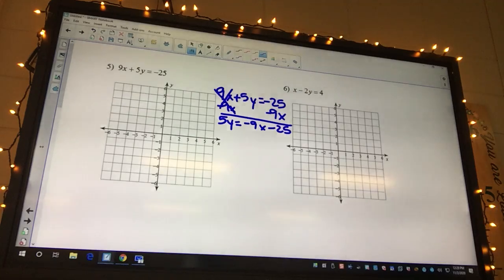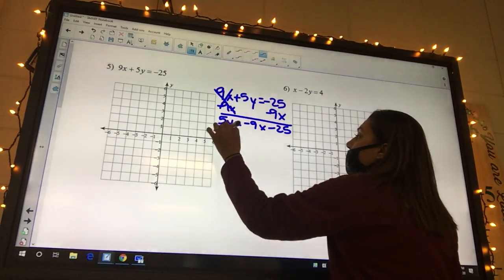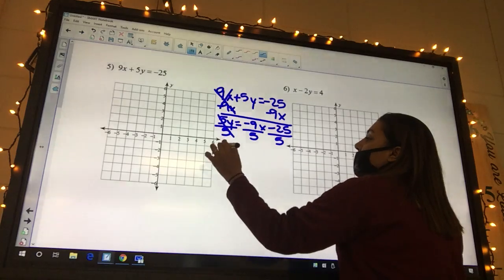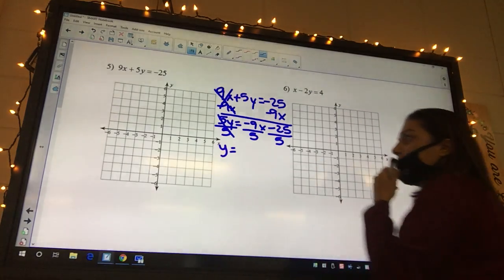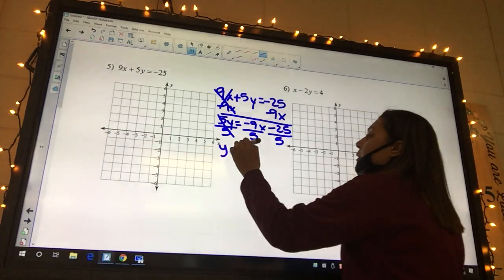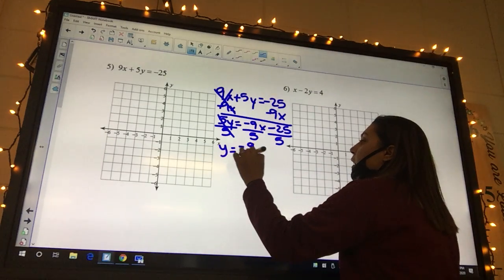So 5y equals... divide everything by 5. So we're going to have y equals, does 9 go into 5? No, so we're going to leave it the same. So negative 9 over 5x.